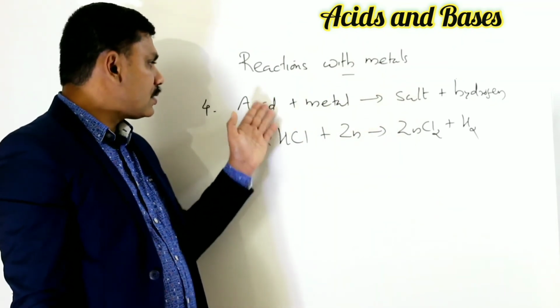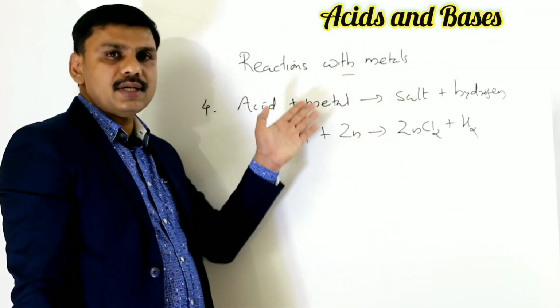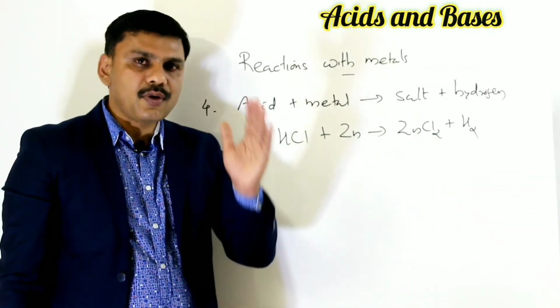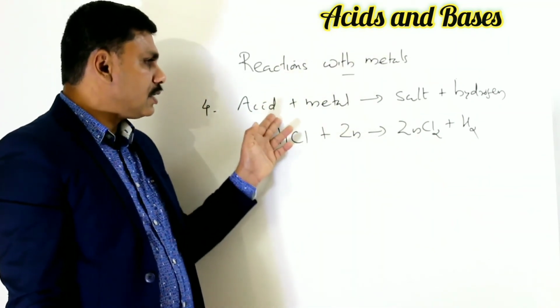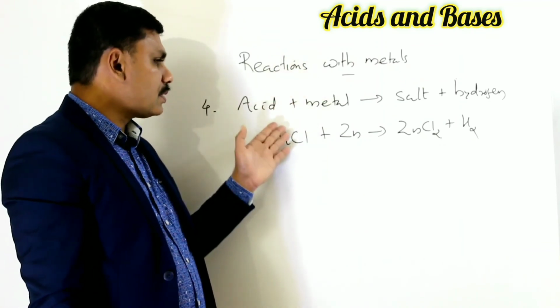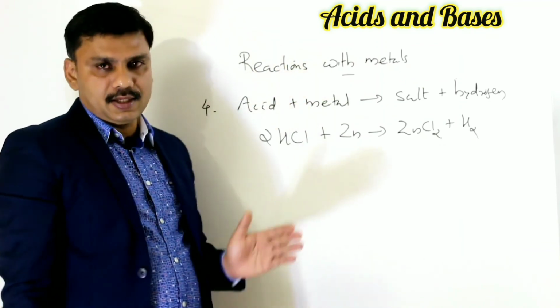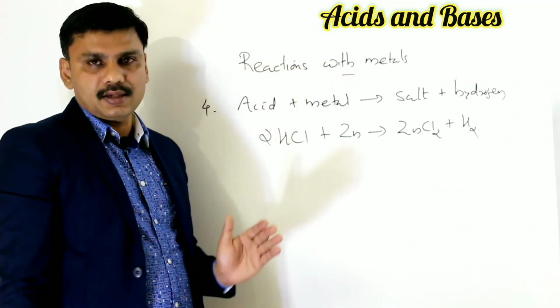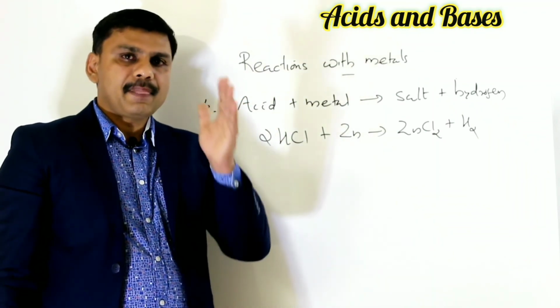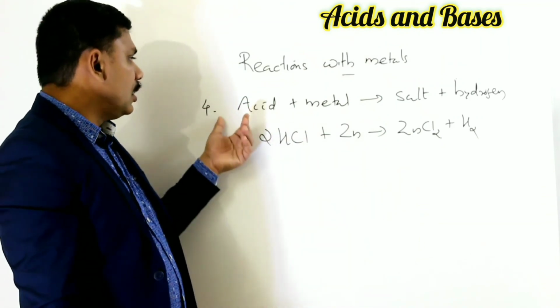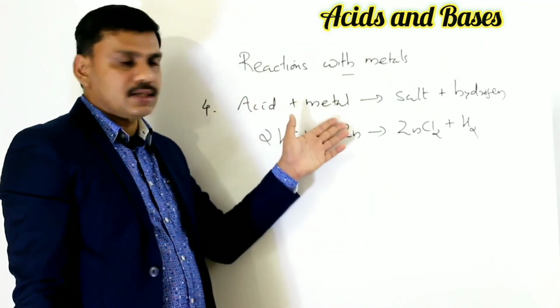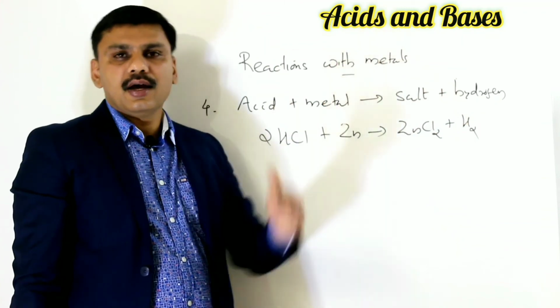The third was acid plus metal carbonate, giving salt, water plus carbon dioxide. The fourth was acid plus metal hydrogen carbonate, giving salt, water plus carbon dioxide. And the last is acid plus metal, giving salt and hydrogen.